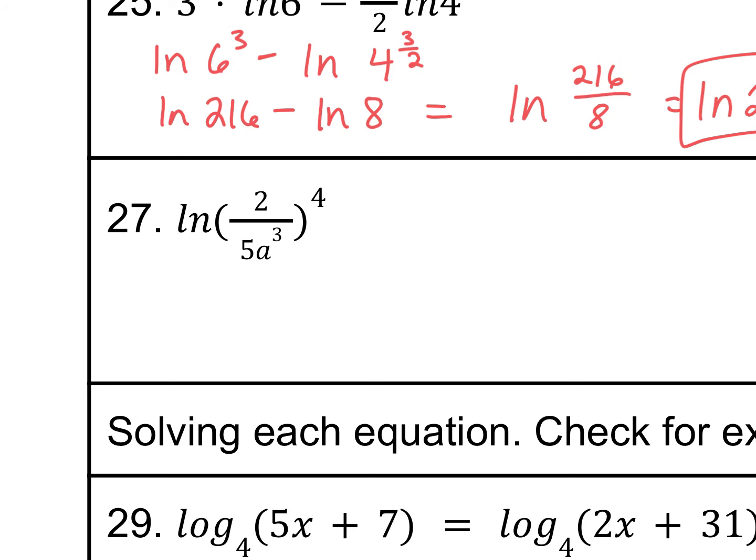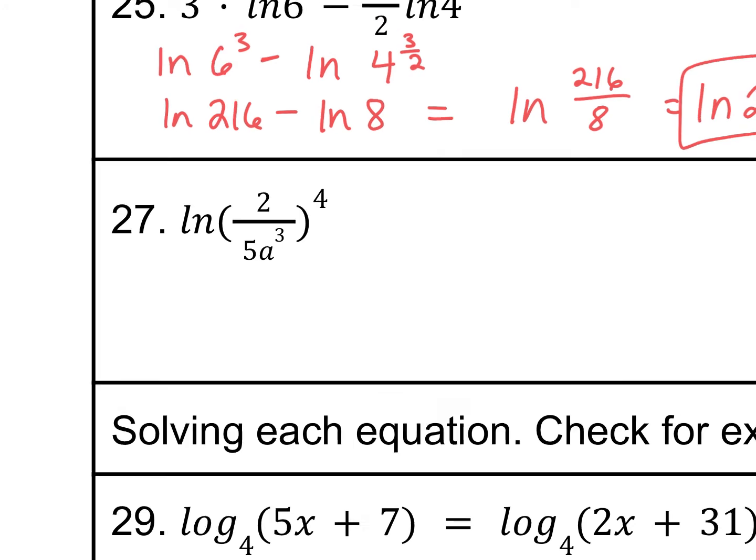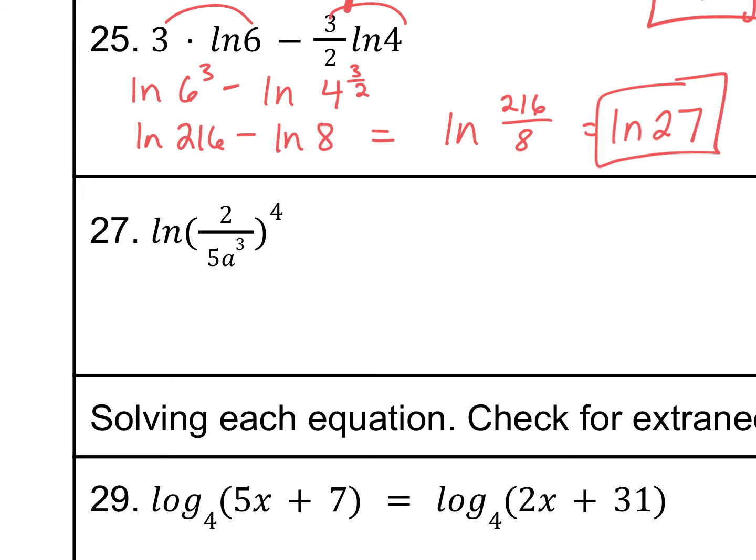Okay, same deal here. We've got to make sure that we distribute out that power. So this is going to be the same thing as natural log of 2 to the 4th over 5 to the 4th, a to the 12th. Okay, now we got division.